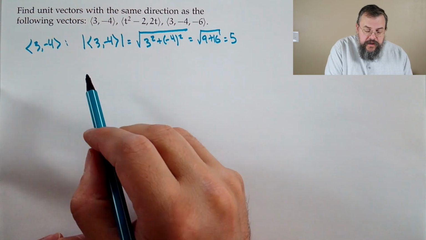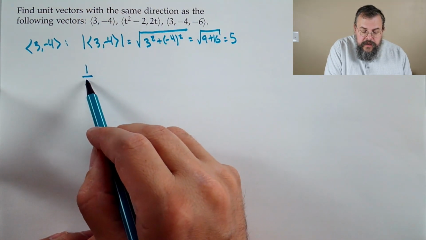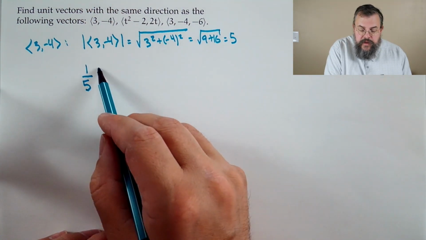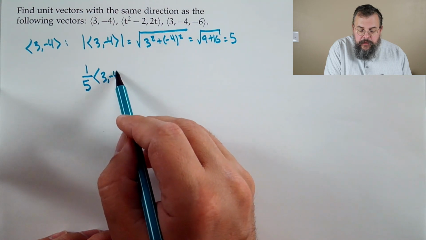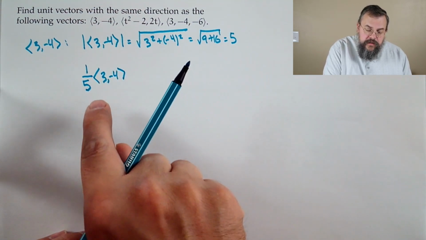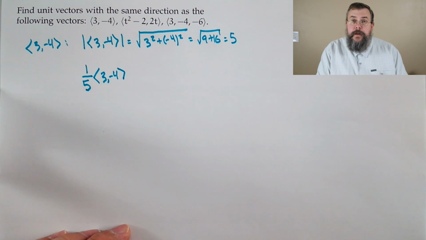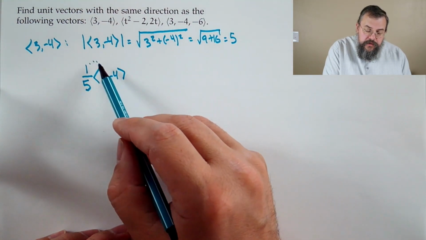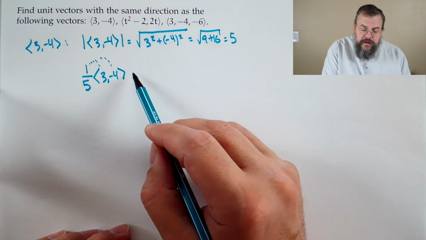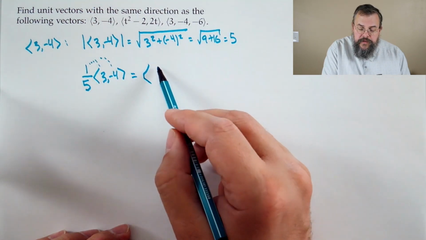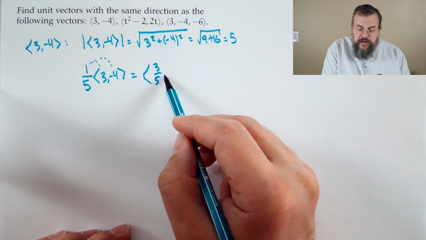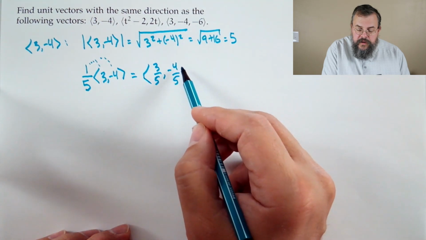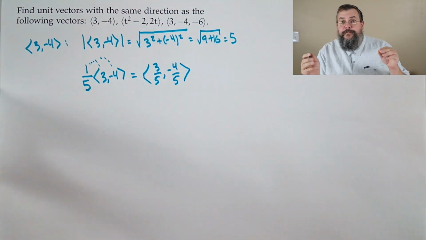Therefore, to make a unit vector, we will take 1 over the current length times 3, -4. Now, is this an acceptable answer? Yeah, sure. But another thing you can do is multiply it through, and sometimes people like to do that. You could say this is the same as 3/5 and negative 4/5. And there we go. Good.